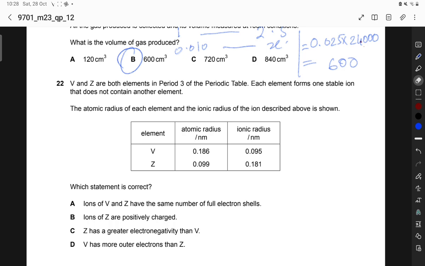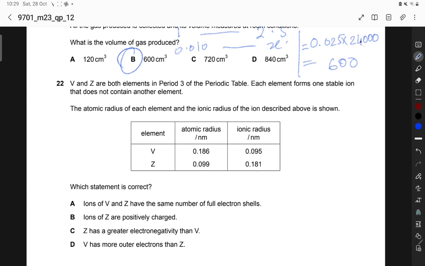For element V, the atomic radius is 0.186 and the ionic radius is 0.095. And Z has 0.099 and 0.181.